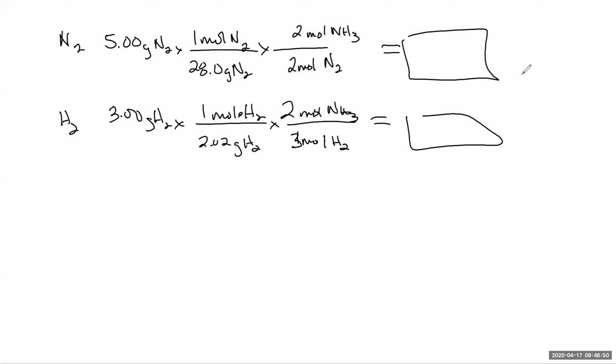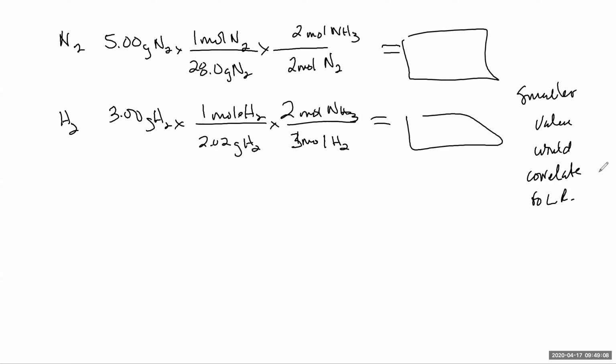Whichever one would be the smaller value would correlate to the limiting reagent. And so you can shorten it if you want, or you can go all the way through the problem. Either way, you'll need to find a limiting reagent.